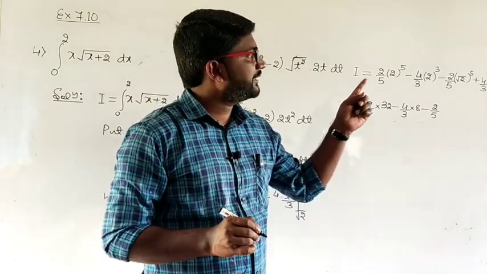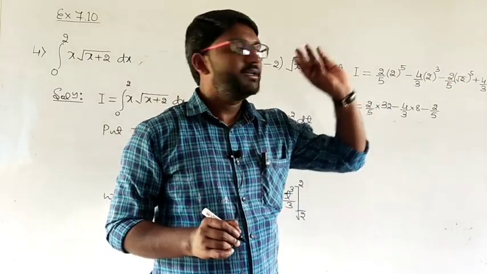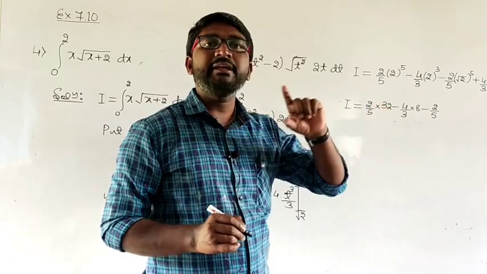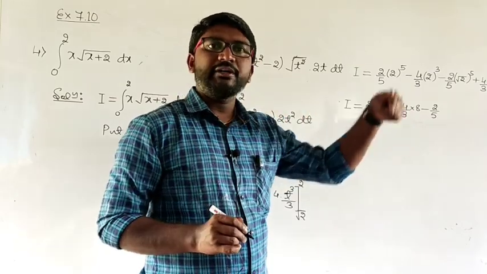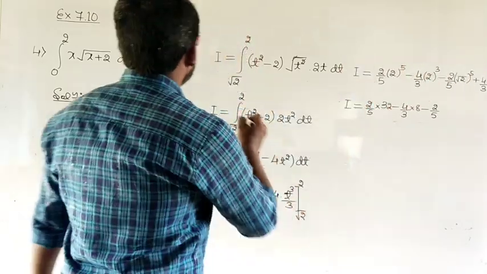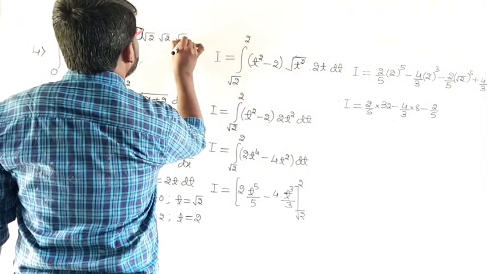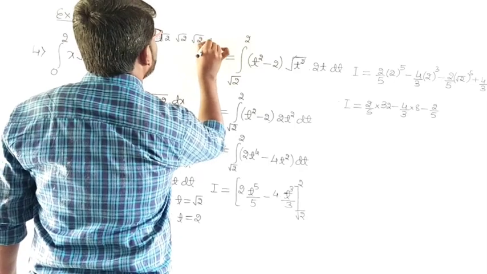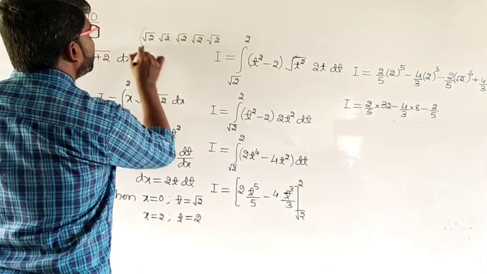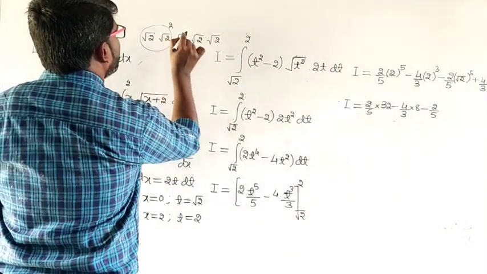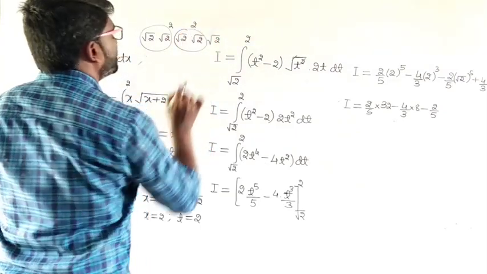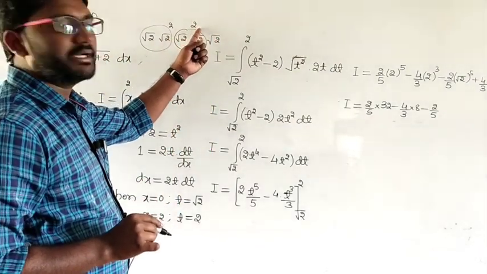That means you have to multiply root 2 five times. Root 2 into root 2 will be 2, and again root 2 into root 2 will be 2. So 2 into 2 is 4.